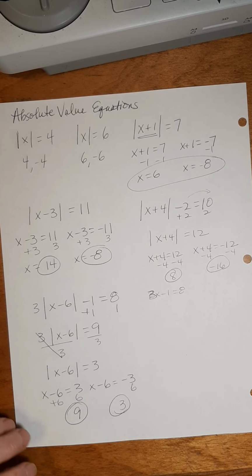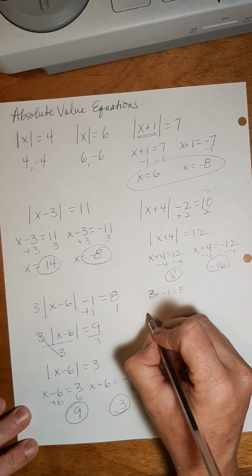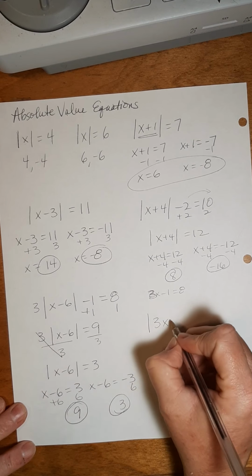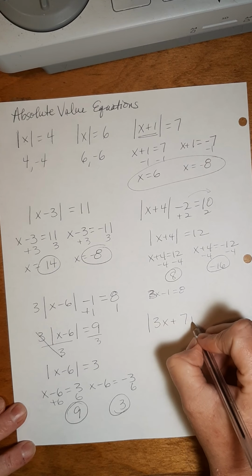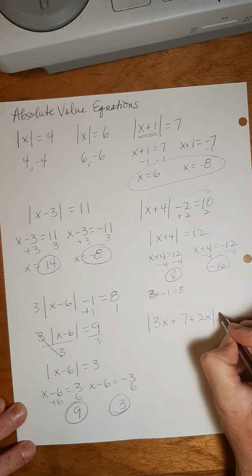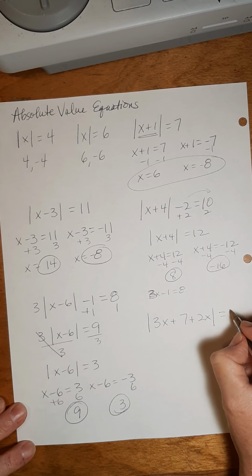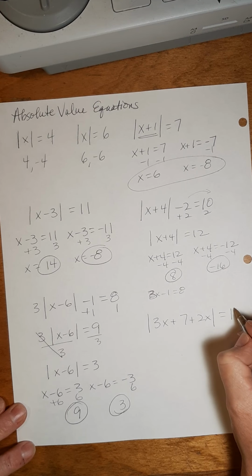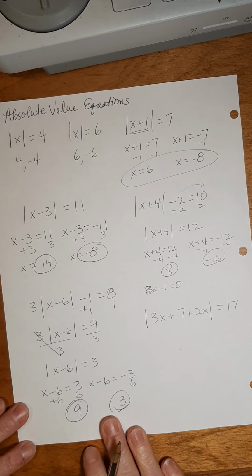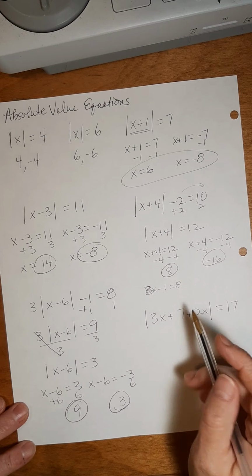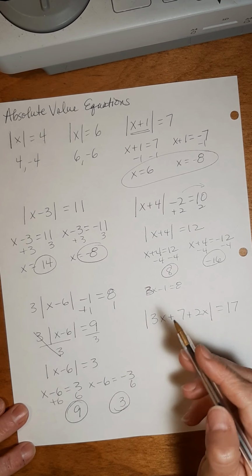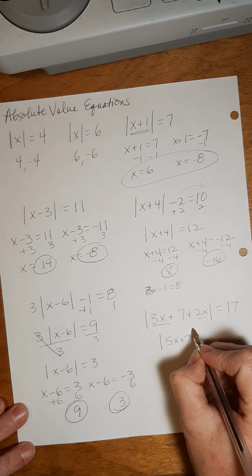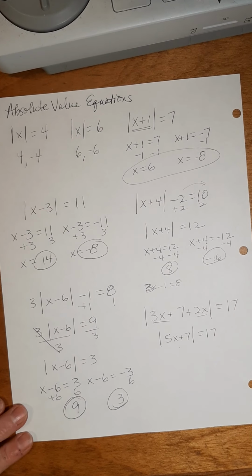They could even do it to where you have something like 3x plus 7 plus 2x equals, we'll say 17. The only difference is before you write it twice, I would just combine your like terms. So 5x plus 7 equals 17.